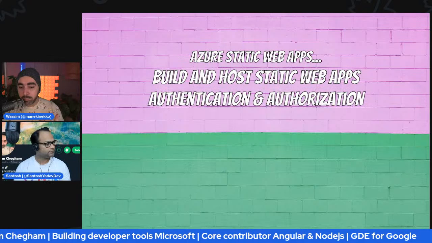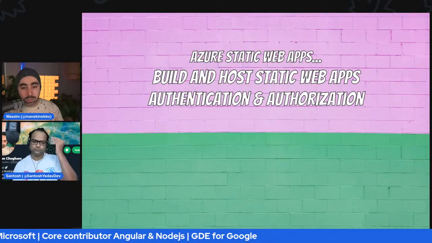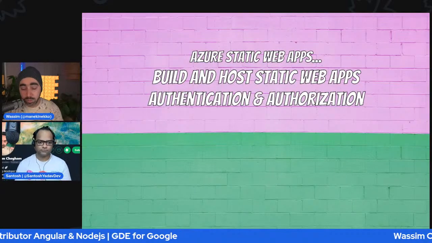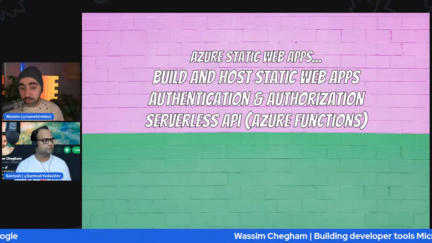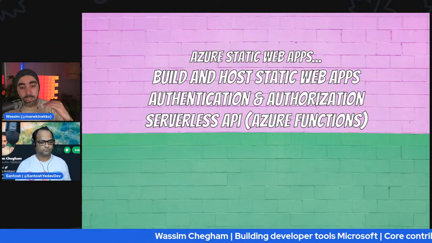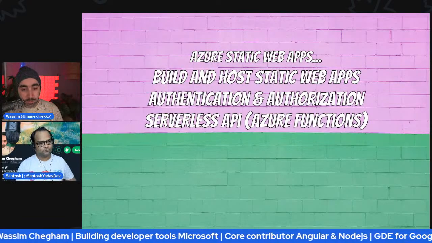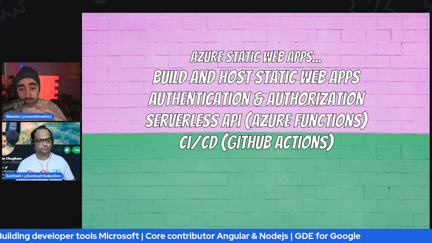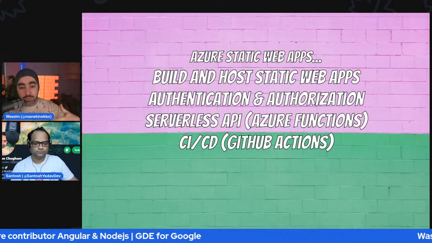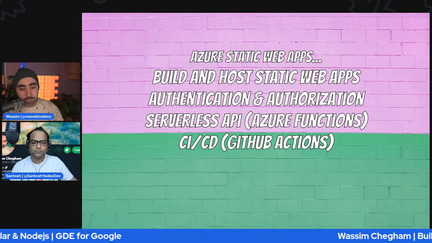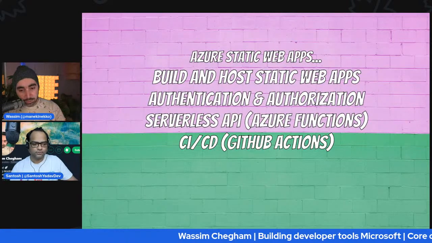It also gives you some nice features like built-in authorization and authentication mechanisms that you could use really simply, and I'll demonstrate those. And optionally, you can hook it to an Azure Functions serverless API if you want to access your backend. Azure Static Web Apps would automatically detect that and build your serverless API for you, as well as the front end.